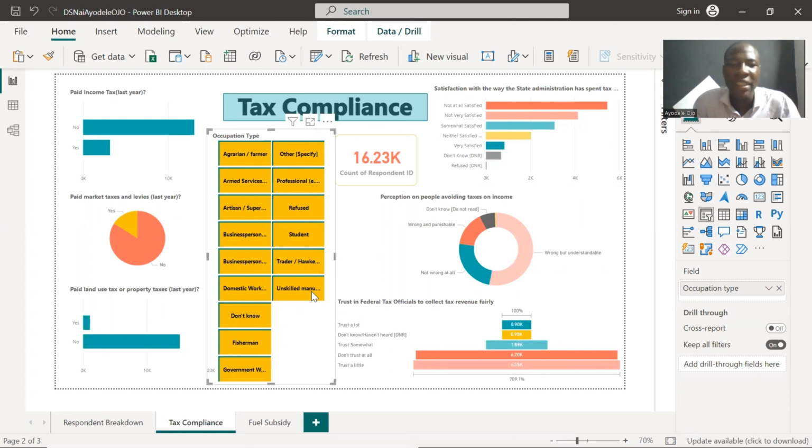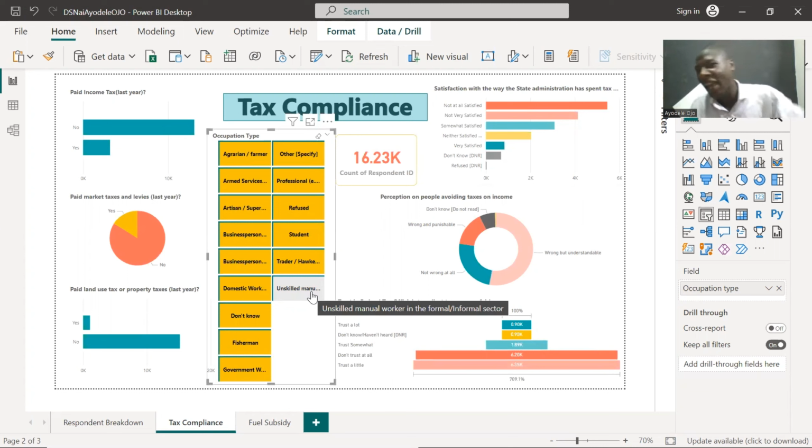And then lastly, because the data set is very rich, we're also able to see people's participation about fuel subsidy. This is even something going on in the country right now. And one thing about data is that it doesn't lie. As far back as 2016, people had what to say about fuel subsidy.